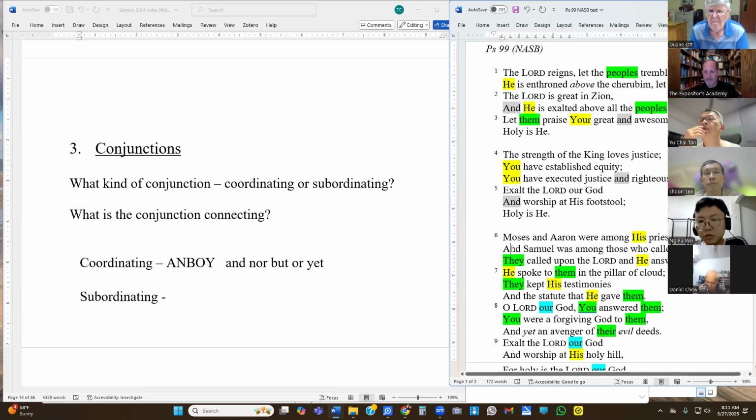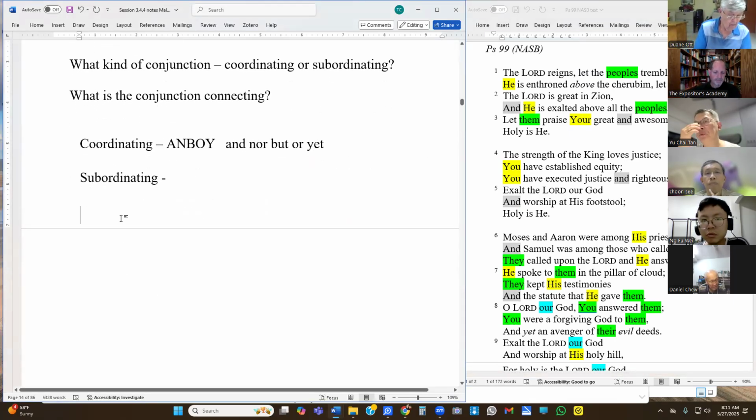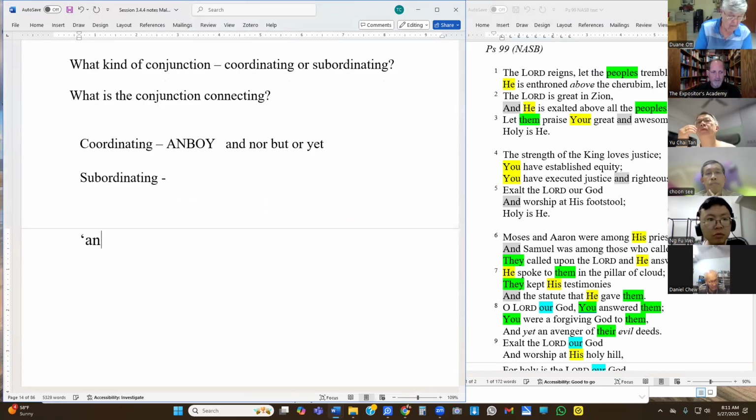I'll just highlight a couple more here. So now what we want to do is ask ourselves, if we look at, say, verse 2 there, what kind of conjunction is that?